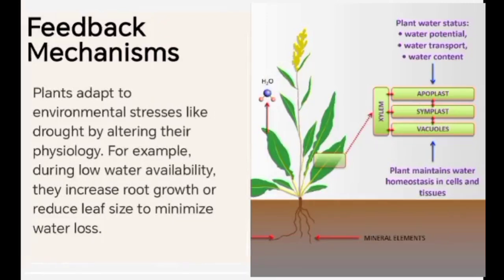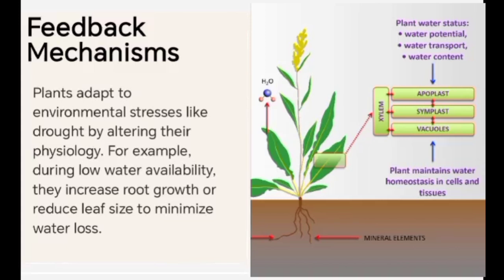Feedback mechanisms. Plants adapt to environmental stresses like drought by altering their physiology. For example, during low water availability, they increase root growth or reduce leaf size to minimize water loss. Plants have a built-in system that helps them adapt to challenging situations like drought.